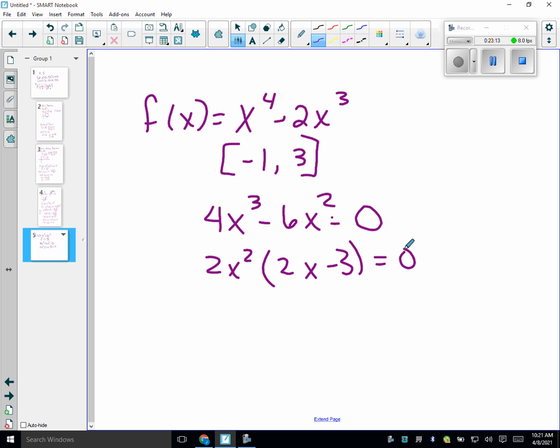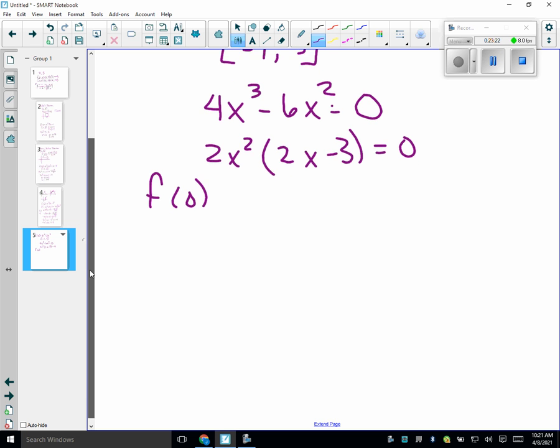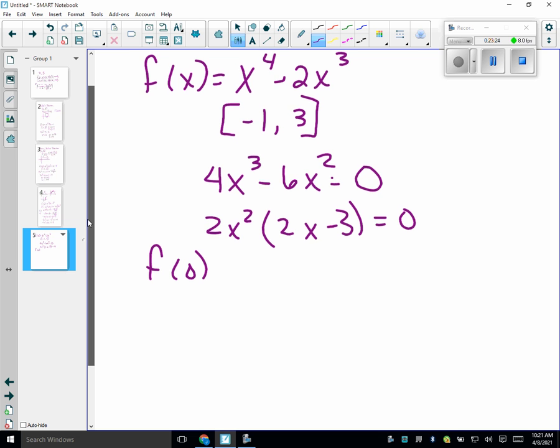Could a minimum or maximum occur at the endpoint? Yes, it could, couldn't it? So I want f of 0, f of 3 halves, then I want f of negative 1 and I want f of 3.